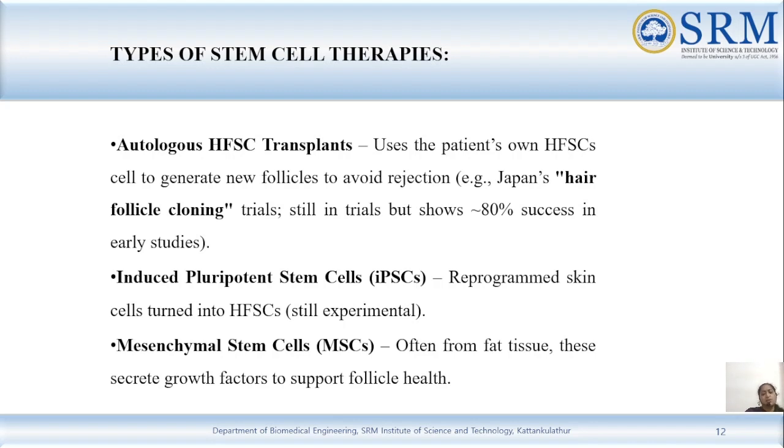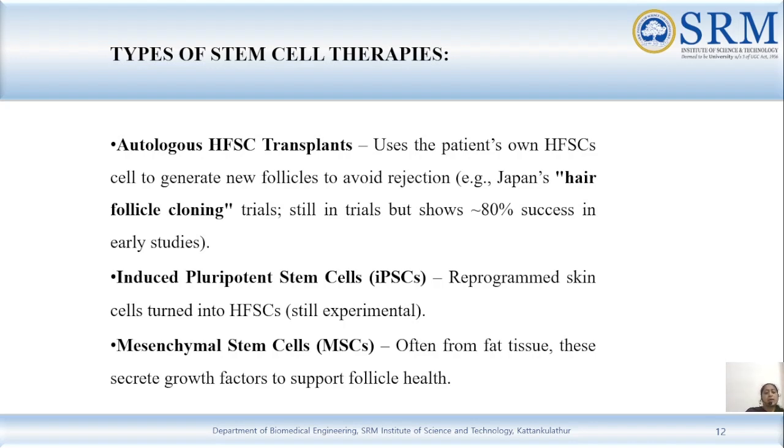When is this done? Usually when the existing stem cells in the person are very few in number, or the quality of the stem cells from the hair follicle is not good. We can use these adult cells and induce them to become stem cells.